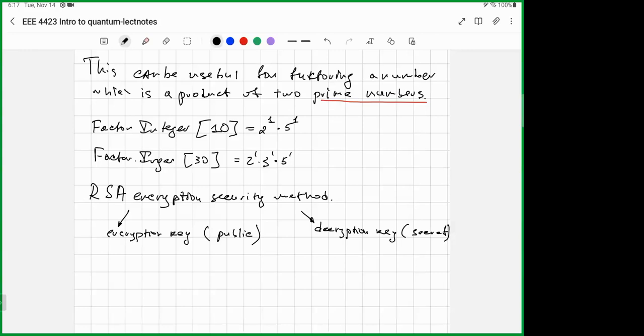And this will probably lead to the need for new types of security approaches.